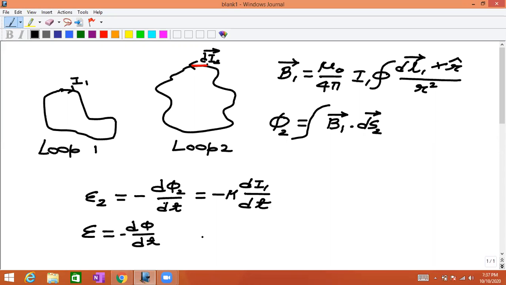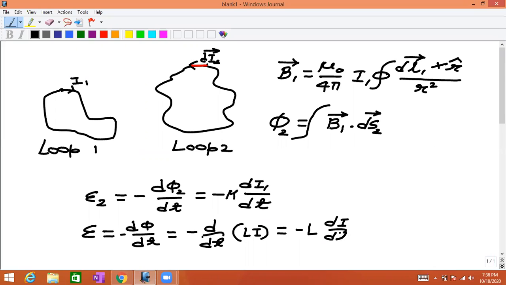Now phi is proportional to I1, just like phi 2. So we can write minus d dt of L I, so it is minus L dI dt.